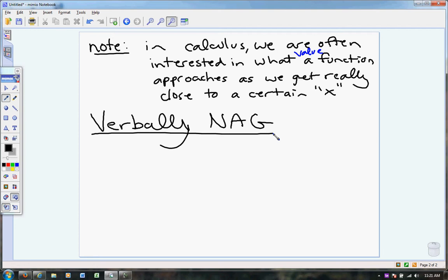We're going to look at things verbally, which means we need to be able to explain things, okay? We need to be able to explain things. We're going to look at things numerically. And when we think about numerically, an example of that would be the table of the TI-84.